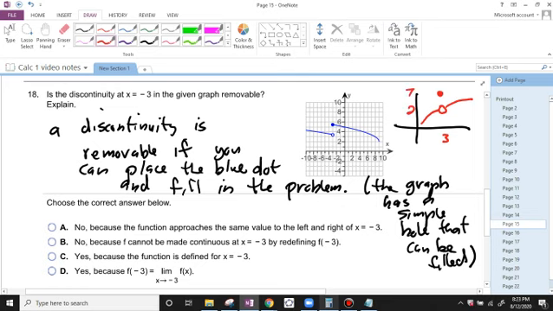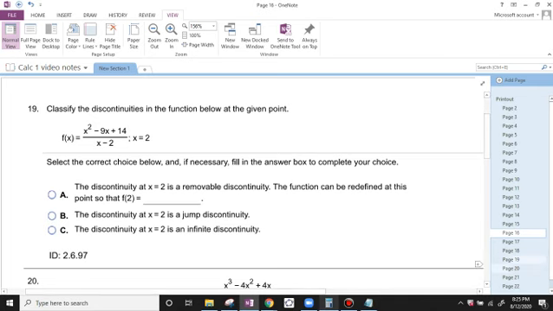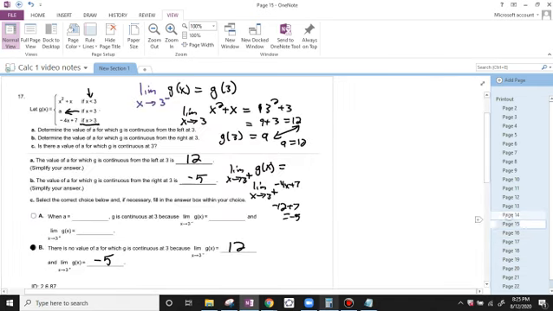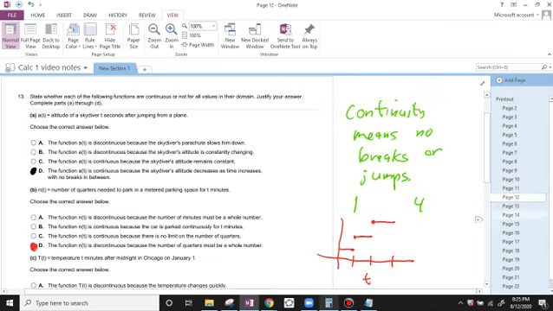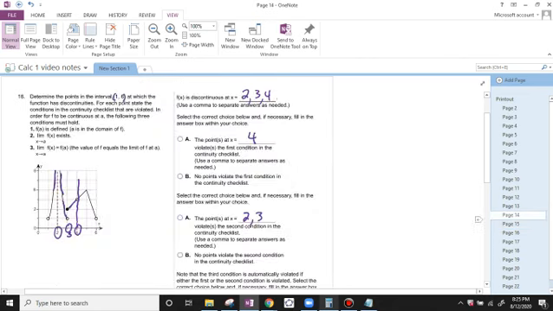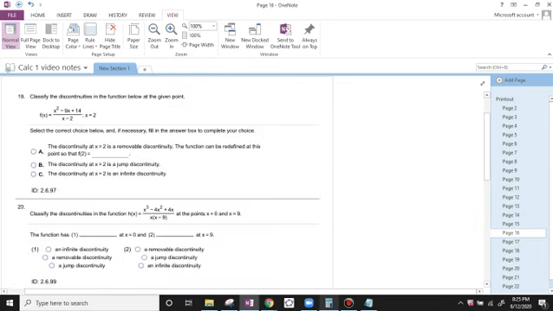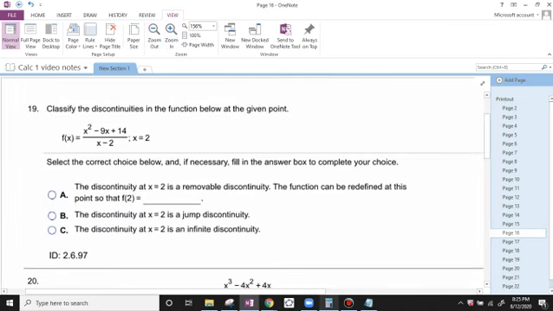Classify the discontinuities in the function below. So an infinite discontinuity is like the one we saw earlier. It's like, let's see, where did it go? I thought it was this one. This one is an infinite discontinuity too, where the graph just gets higher and higher, goes up forever. So infinite discontinuities occur at vertical asymptotes. And so what we're going to do here is take a look at this one.